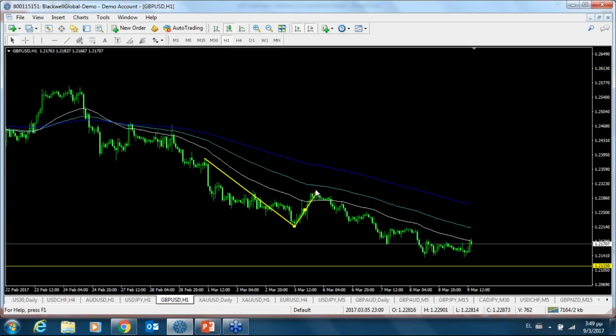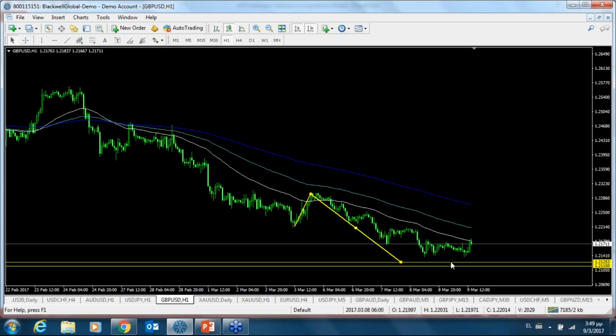Okay, B, C, highest point. And all you need to do is take your AB all the way equals to CD. Right, so here it is giving you a little bit of room, saying that that is your next potential of where prices could come down to. Okay, so I'll take that one away.